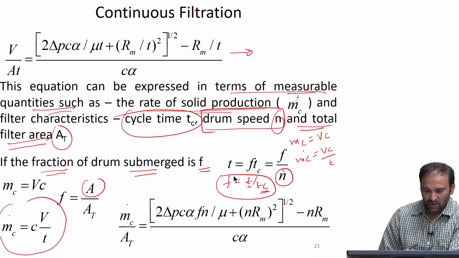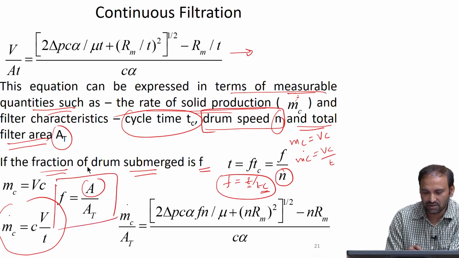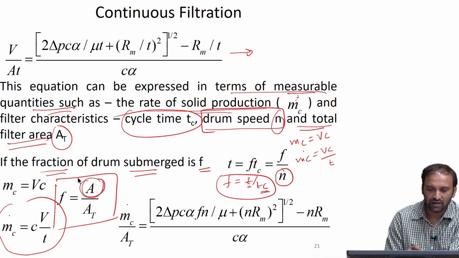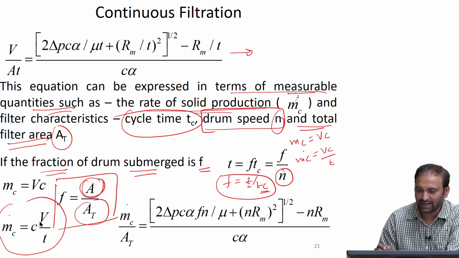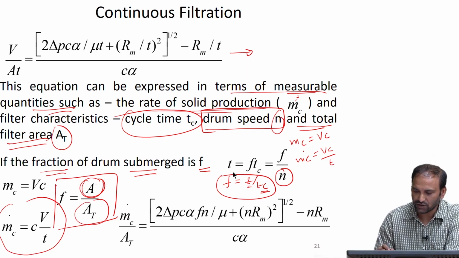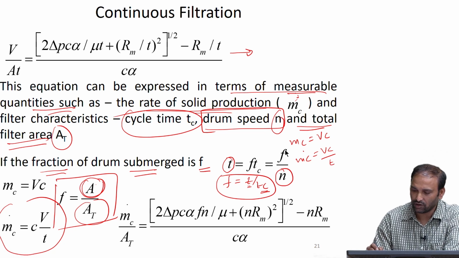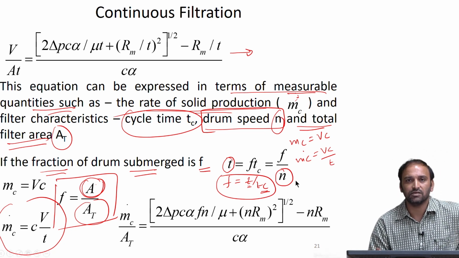So I have these expressions: the fraction of the area that is submerged goes as A divided by At, where A is the area available for filtration and At is the total area, and again I can express the same thing in terms of t by Tc, and of course the filtration time depends on f divided by n, where n is the speed at which the drum is rotating.